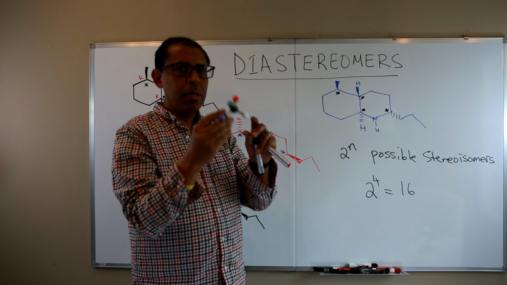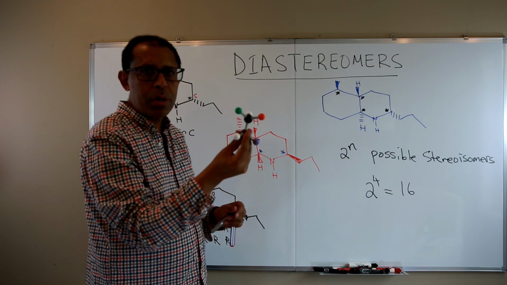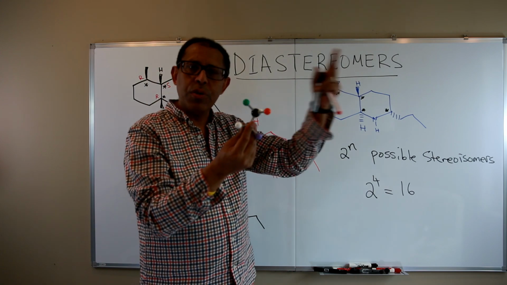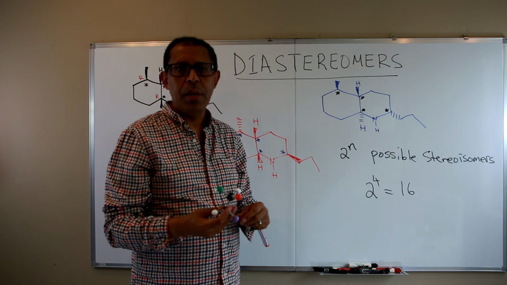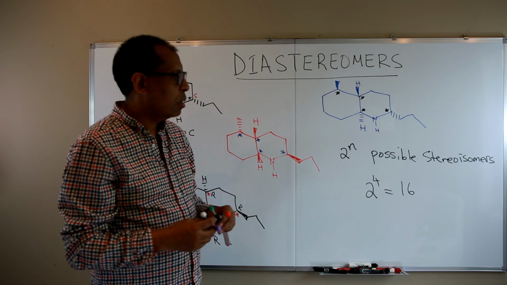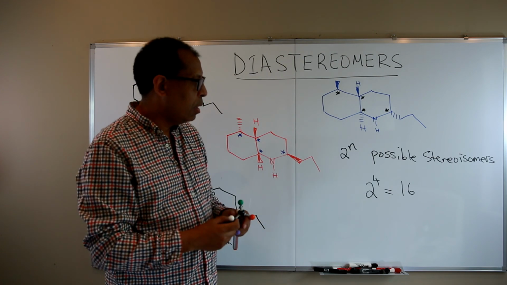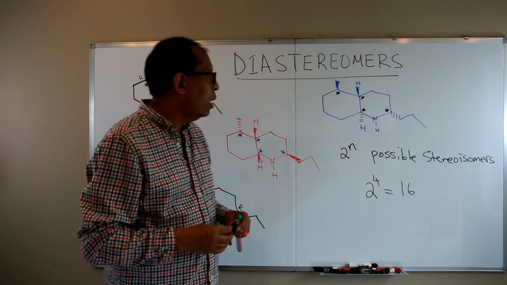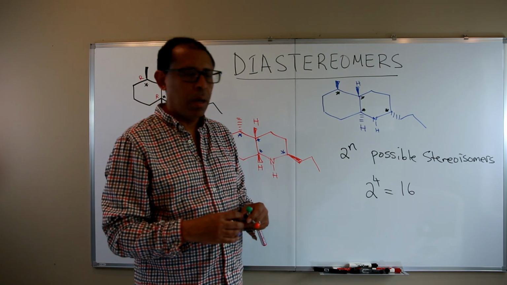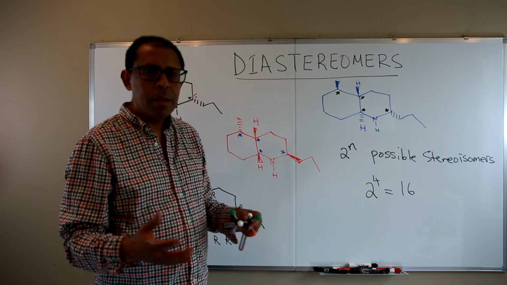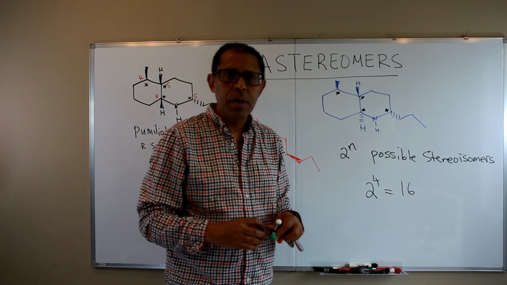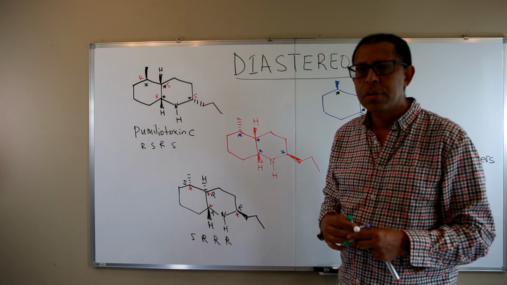Therefore, this particular diastereomer has 3 more that can be drawn, because 2 to the power of 2 chiral centers is 4. With this, we'll continue in the next section to see different examples of diastereomeric compounds.